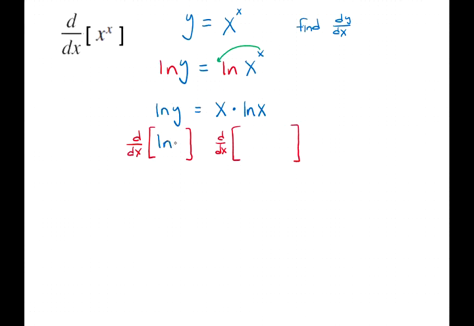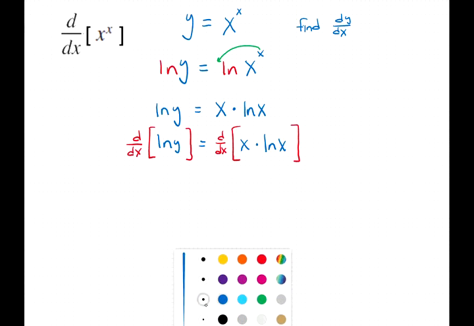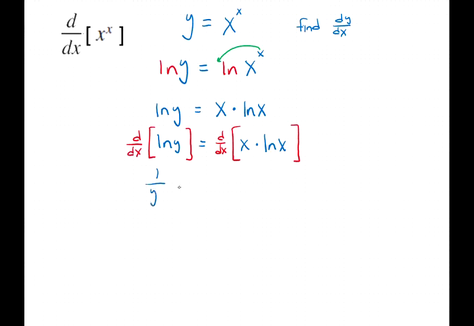So the derivative of natural log of y should equal the derivative of x times the natural log of x. On the left we have 1 over y, that's the derivative of the natural log function, and applying the chain rule, times the derivative of the inside, which is dy over dx.